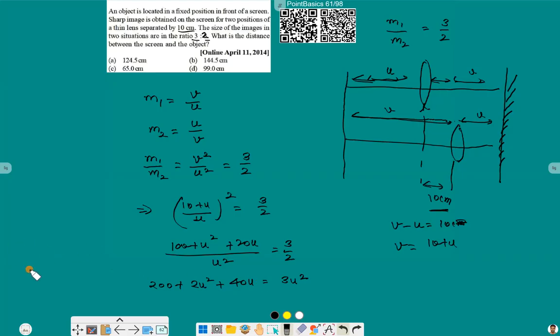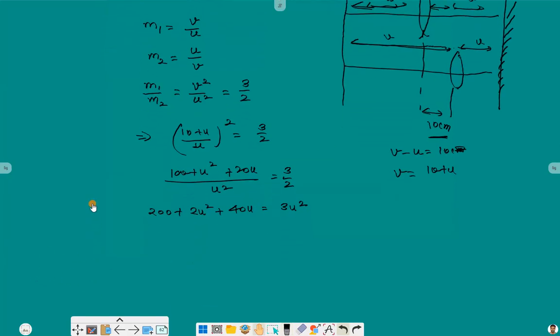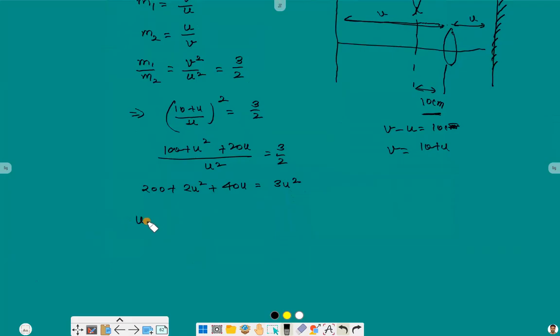And from this we will get that u square minus 40u minus 200 is equal to 0. And if we solve this, we will get the value of u is equal to 44.5. Now u is 44.5, then v will be 54.5.